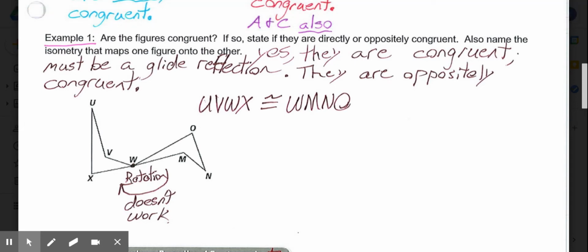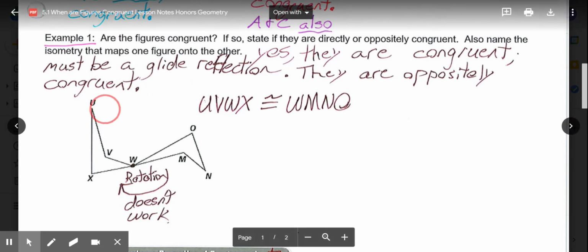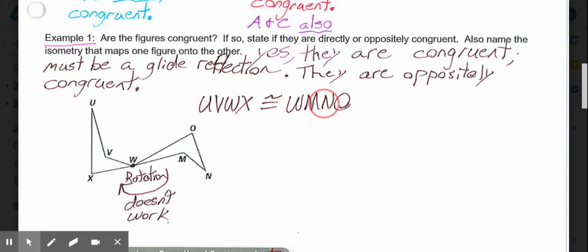Now, the more important part is when you're naming the figures. If I name that first figure starting with U to V to W to X, on the other one's name, I need to match up corresponding parts.